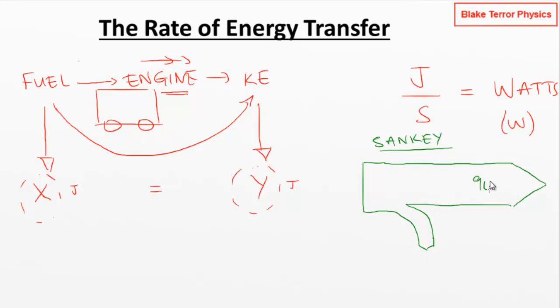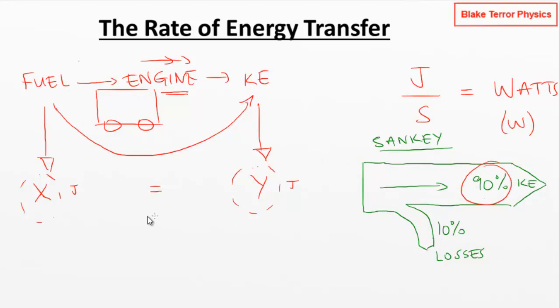So you might have 90% goes into the kinetic energy, and then you might have, I don't know, 10% going into losses. I'm just sort of making this up as I go along. So it's the straight on bit here is the useful energy, and then you've got these losses that are coming off to the side, and this 90% is then our efficiency.